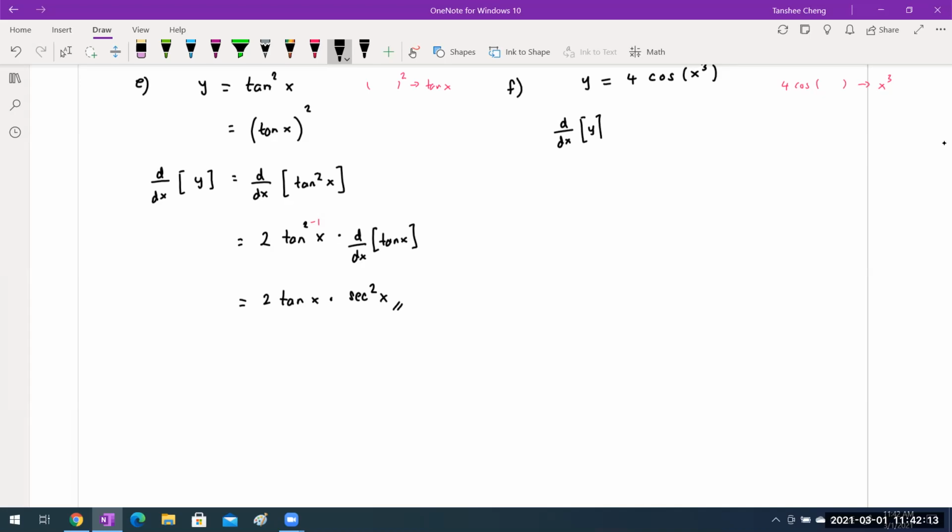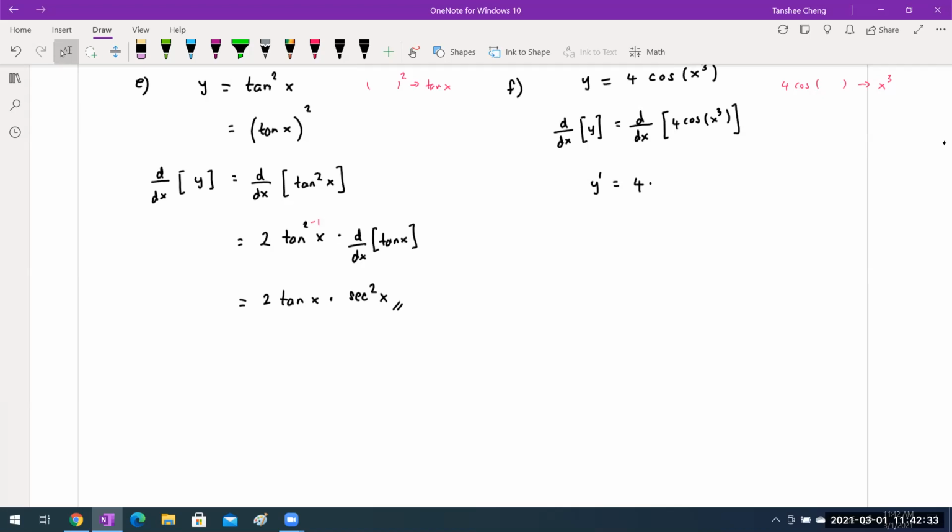So when I take derivatives on both sides with respect to x, y prime is equal to the derivative of a constant times the function, which is the constant times the derivative of the function.